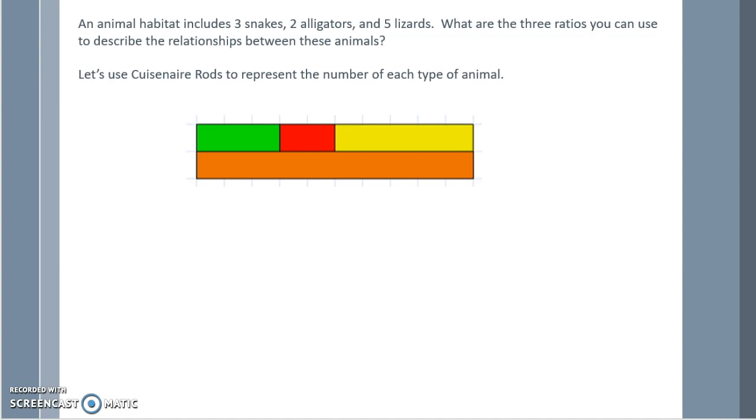I let the green one represent the snake. As you can see, it's 3 units long. The alligator is 2 units long, and the lizard is 1, 2, 3, 4, 5 units long. And I let the orange rod be the total number of animals, so there's 10 of them.